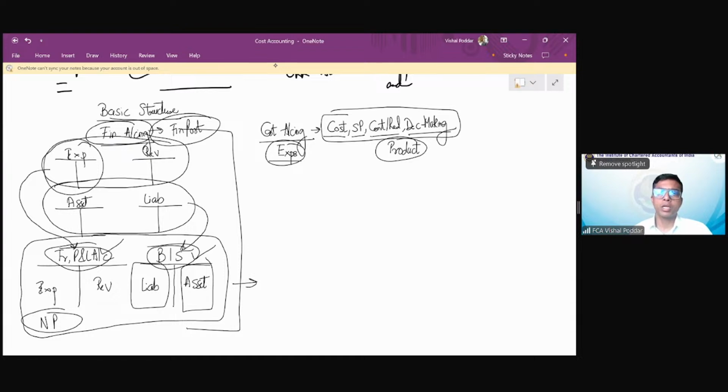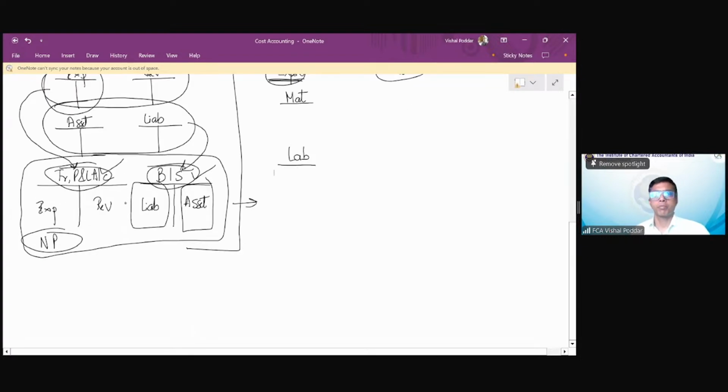However, in cost accounting, when I have to prepare the expense accounts, our expenses are broadly material, labor, and overheads. And within overheads, you have production overheads, admin overheads, and selling and distribution overheads.